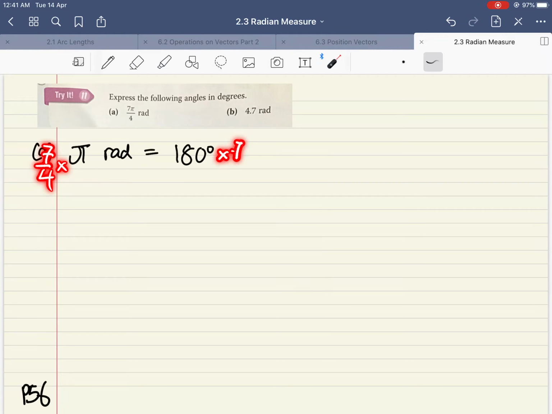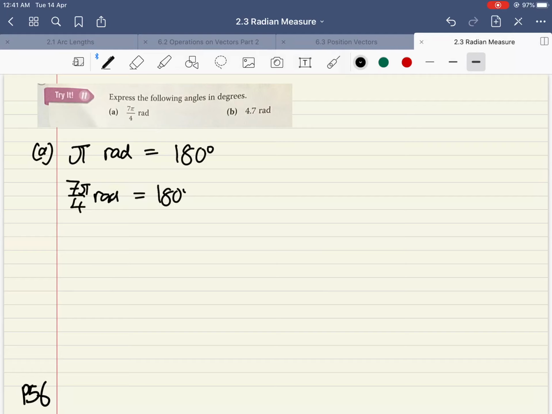I can just multiply by 7 over 4. So what I'll get here is 7 pi over 4 radians equals 180 times 7 over 4. In this case, what I get is 315 degrees.